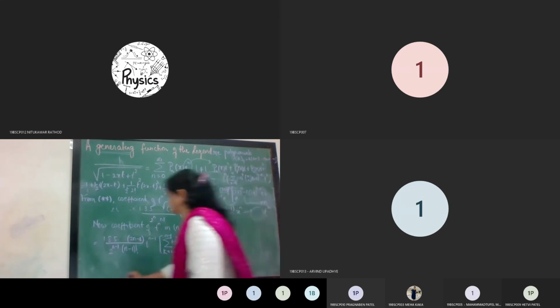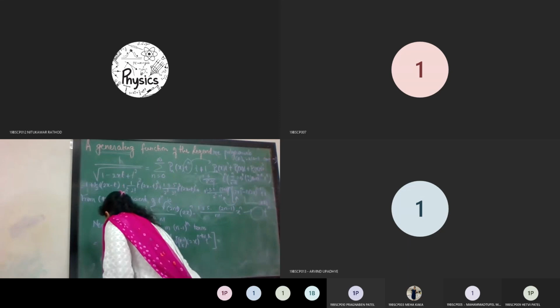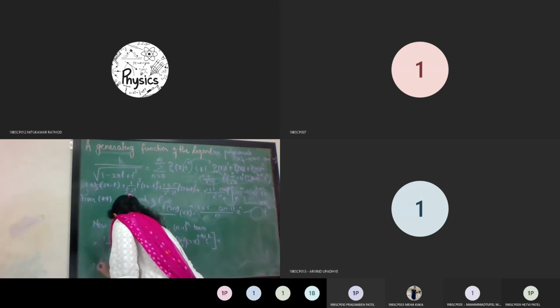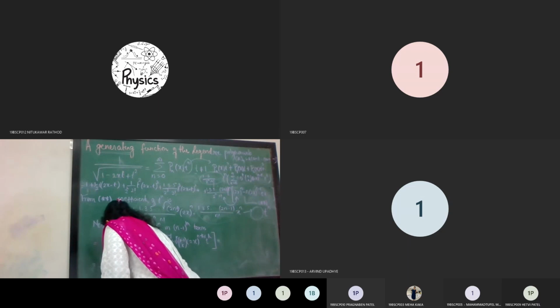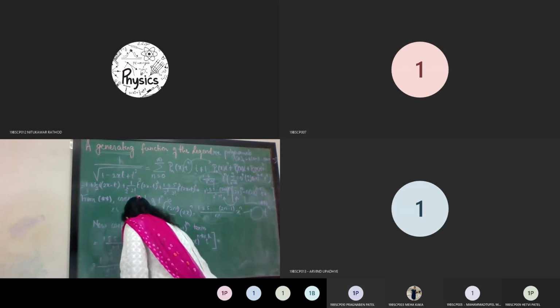Let us expand this. So the factor 1 into 3 into 5, 2n minus 3 upon 2 raised to n minus 1, n minus 1 factorial, t raised to n minus 1.